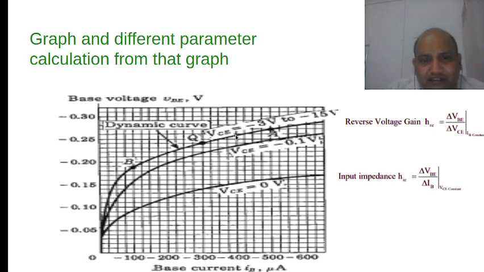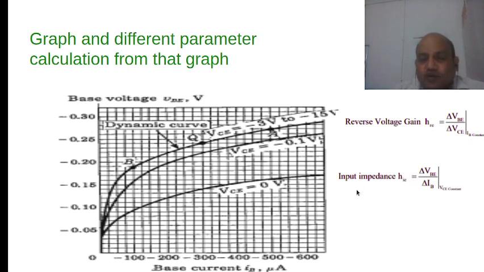Corresponding to this there is VBE1, corresponding to this there is VBE2. So VBE2 minus VBE1 divided by IB2 minus IB1 gives delta IB. In this way you can calculate the input impedance, which has the unit of resistance, ohm.